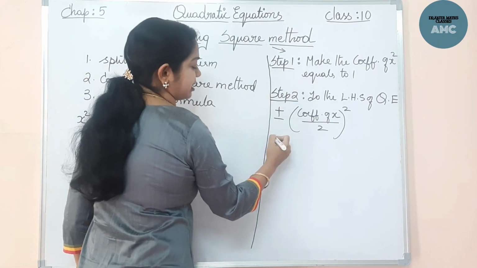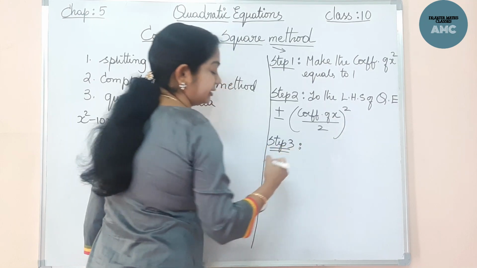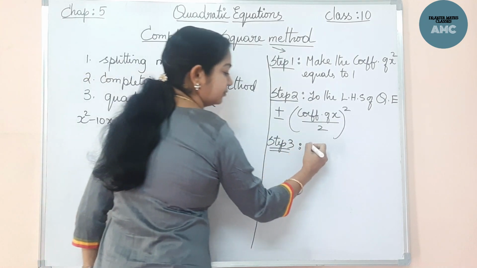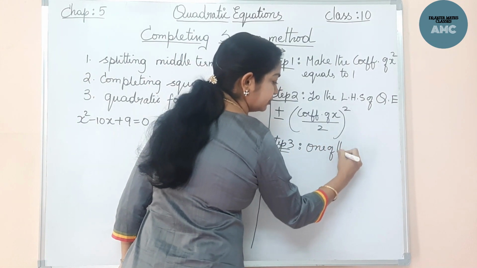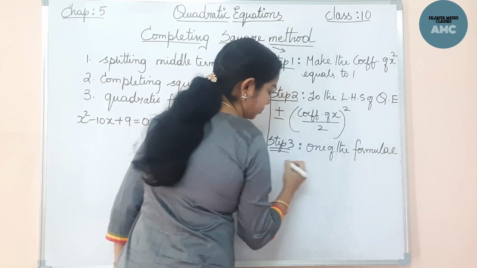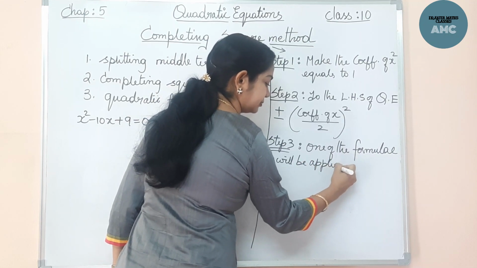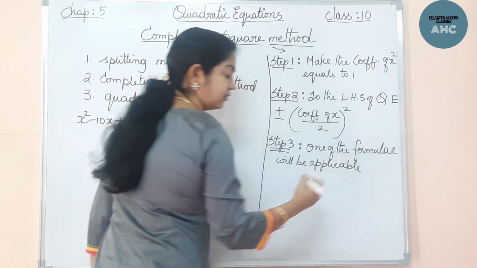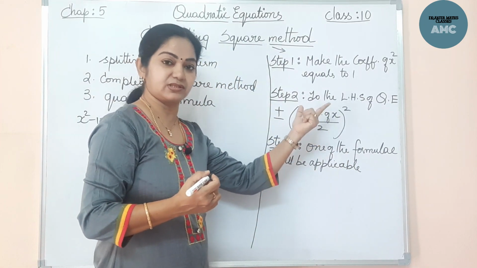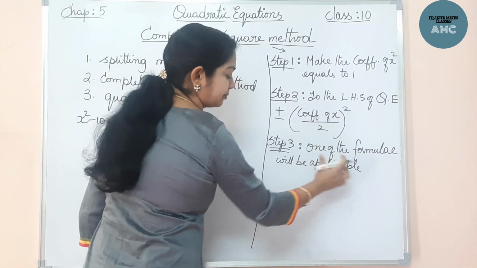Now, only 2 steps are important. The third will be deduced. In this step, one of the formulae will be applicable. What does this mean? After adding and subtracting the coefficient of x by 2 whole square to the LHS, you will find one of the formulae to be applicable.